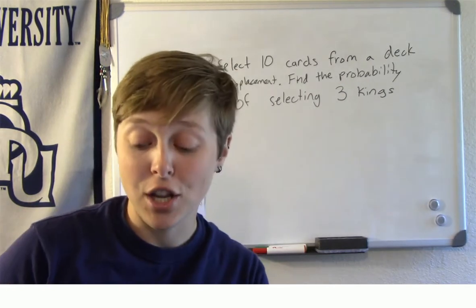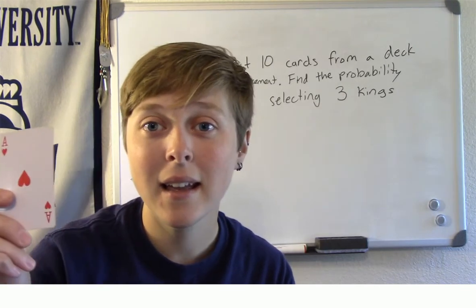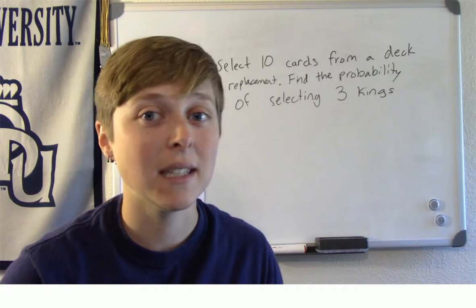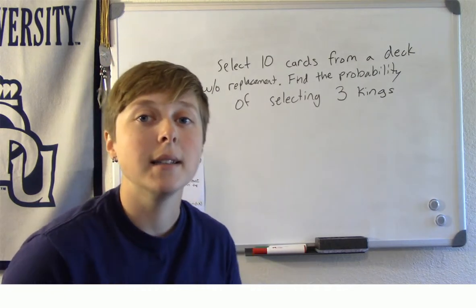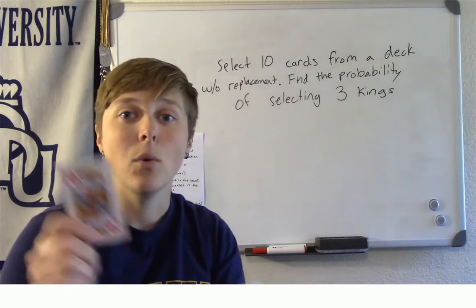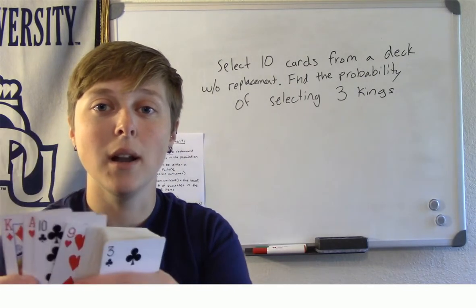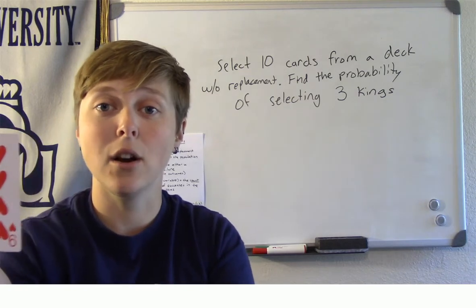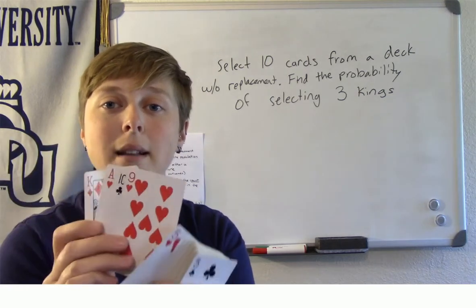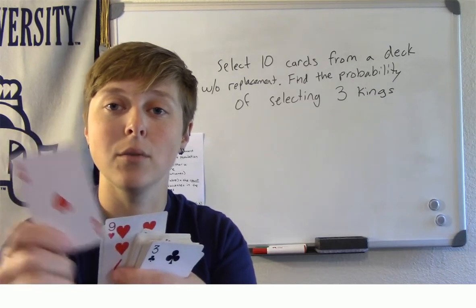Either you get a king or you don't get a king. The main difference is that when I select a card, I give you another one, and another one. I'm randomly selecting cards from the deck, but I'm not putting the previous card back into the deck before I give you another one.